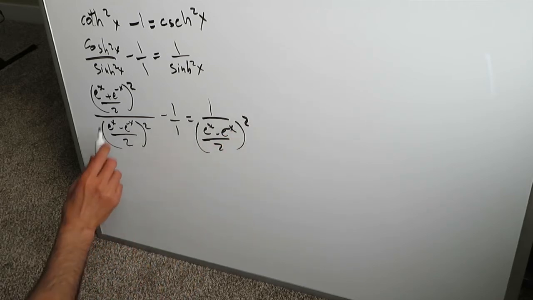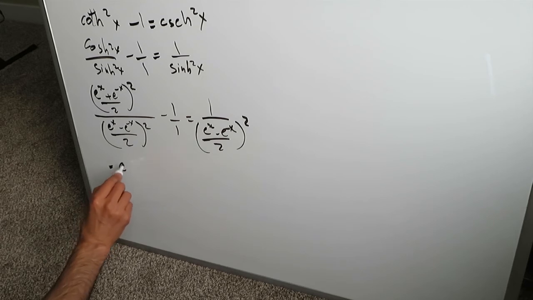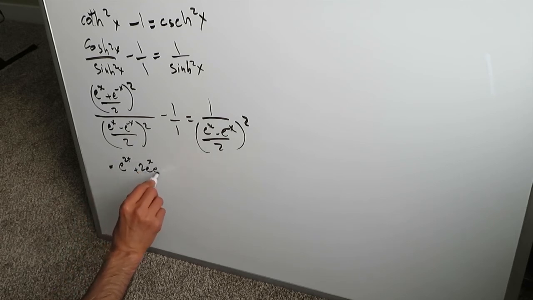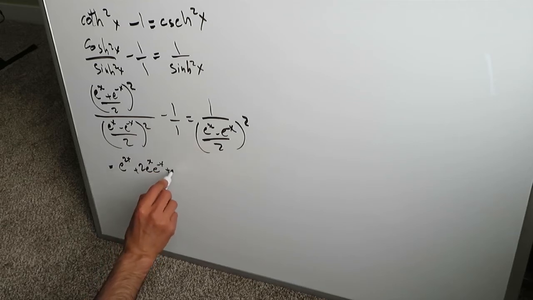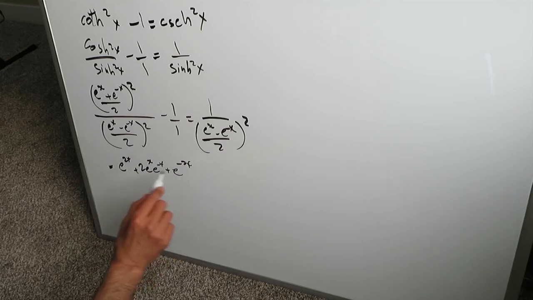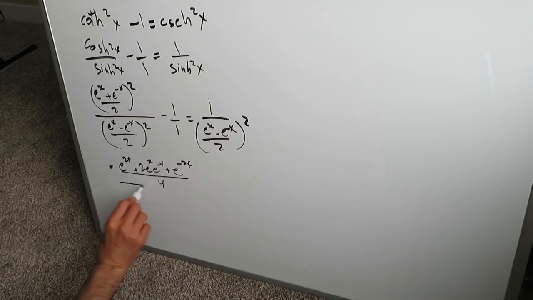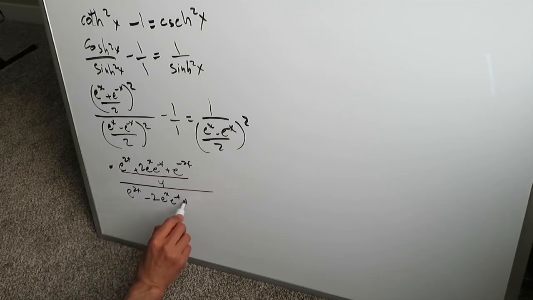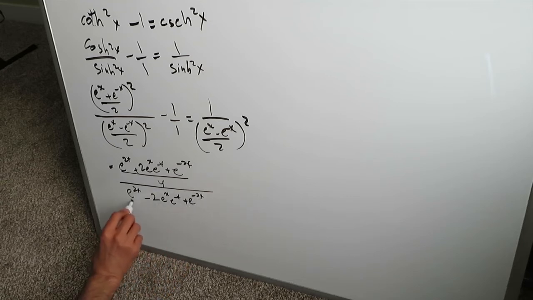Let's come down right here. Open this top part up. You can get e to the 2x plus 2e to the x e to the minus x plus e to the minus 2x over 4. And the denominator over here will be e to the 2x minus 2e to the x e to the minus x plus e to the minus 2x over 4.